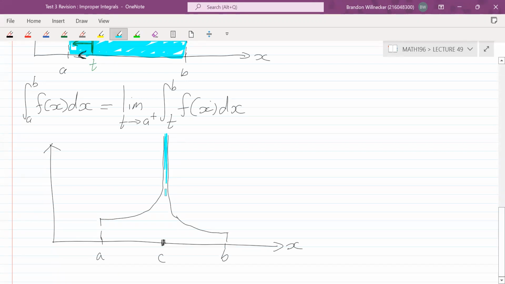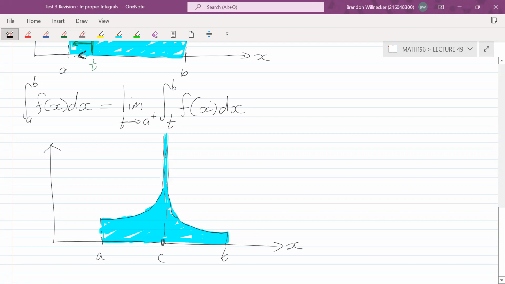We still want to see, would this area remain finite even with this asymptote? So we need to take care of that asymptote, somewhere in between a and b.